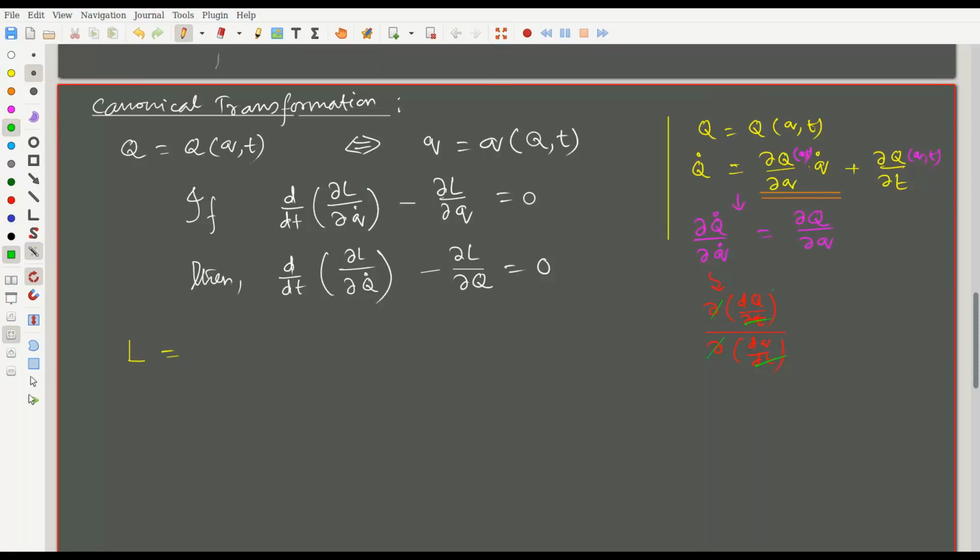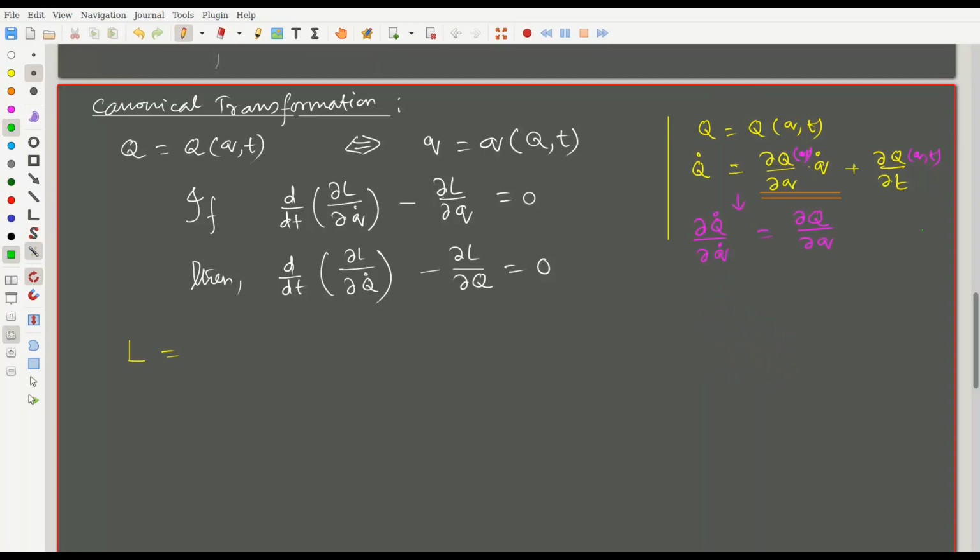You would see that it would not work if this was a function of q̇ also, which it is not, but this will not work. So this is wrong, don't do that. Explain your steps in this way: if you write Q̇, then ∂Q̇/∂q̇ is ∂Q/∂q. That's fine.